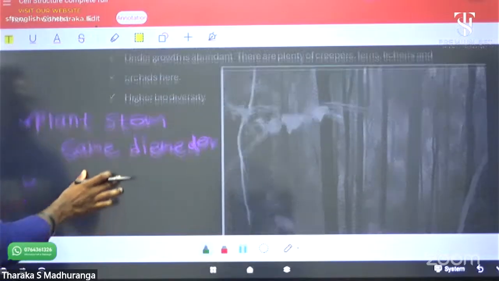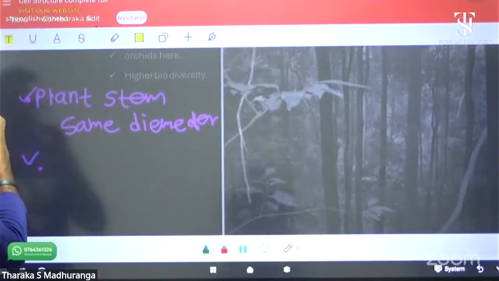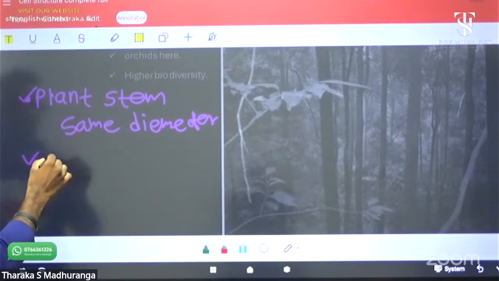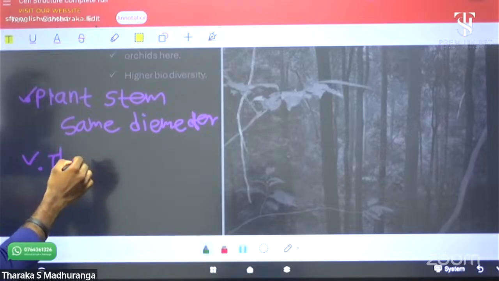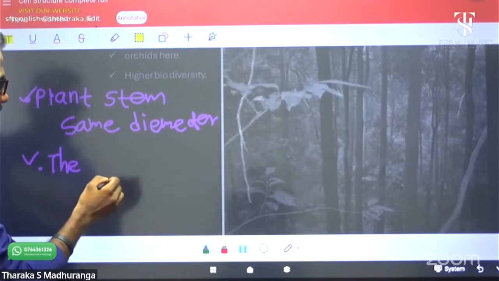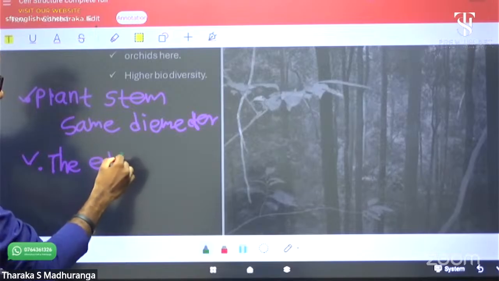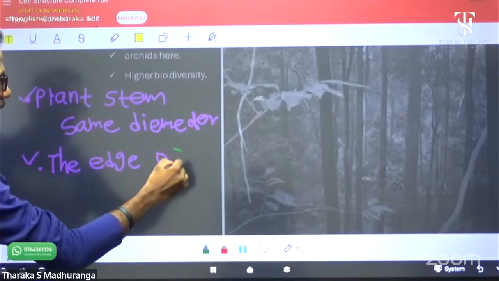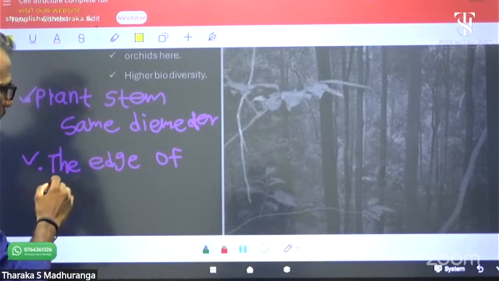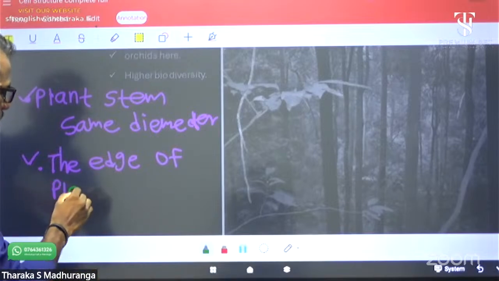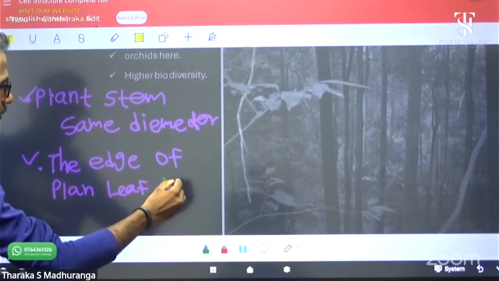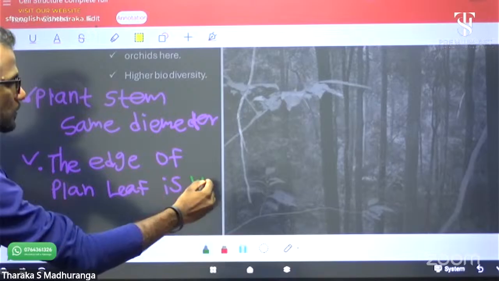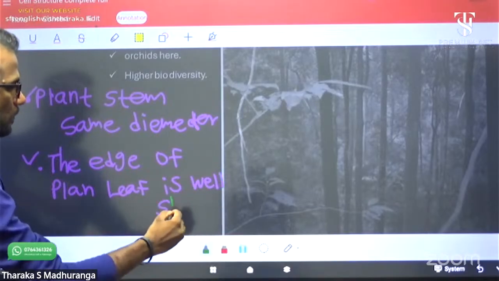Okay, another characteristic is the edge of the plant leaf, which is well sharp.